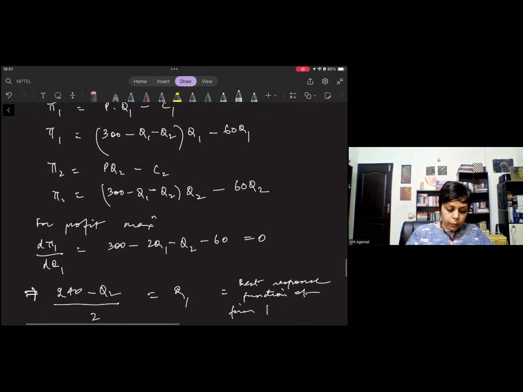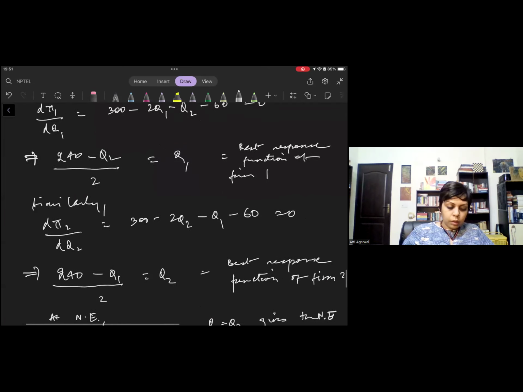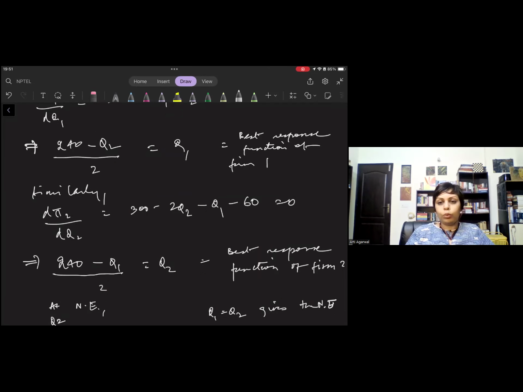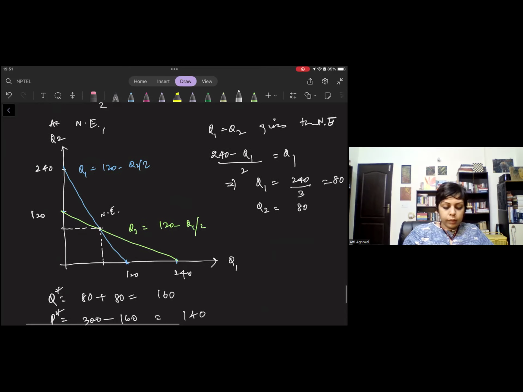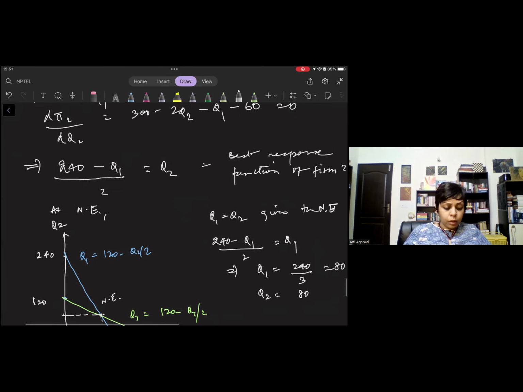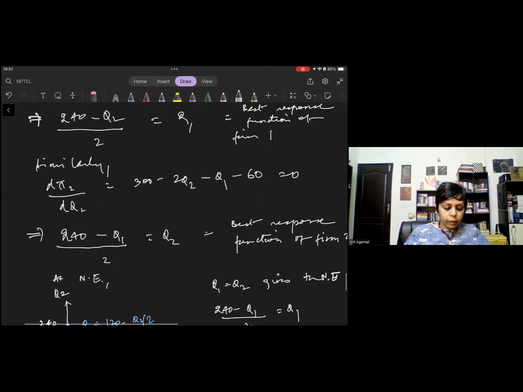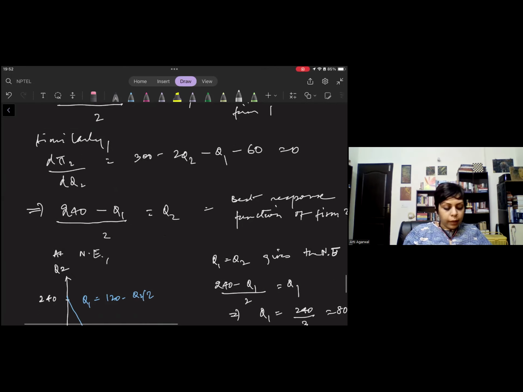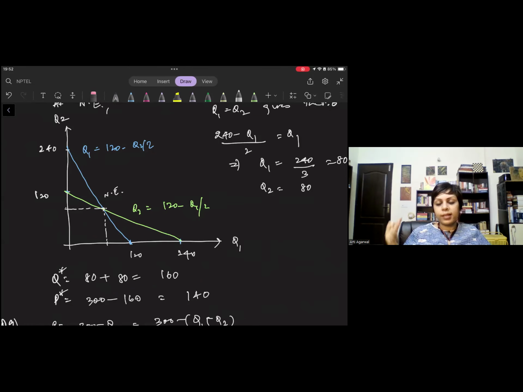And what we found was the reaction function of Q1. Now Q1 is the leader. In this situation, you should know that firm 1 knows what firm 2's reaction function is going to be, and it has the liberty to set its quantity first. In the other case, they were both simultaneously setting their quantities.